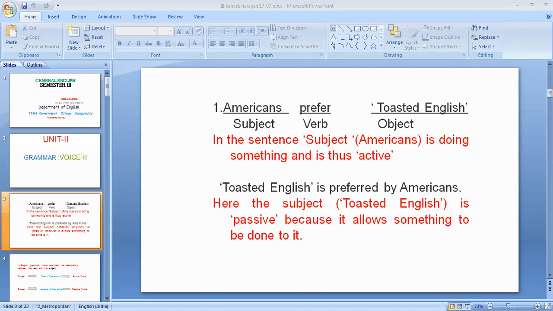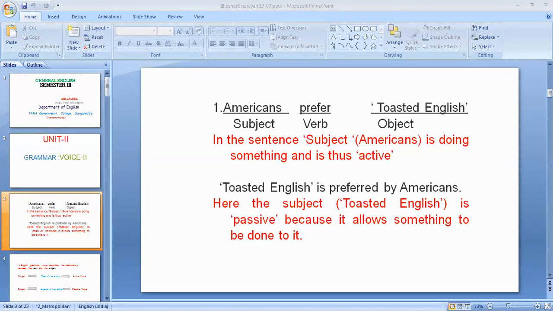In the previous presentation, we majorly focused on active voice, the occasions that we use active voice, and grammatically what are the rules that constitute active voice. These things were completed in our previous presentation. So in today's presentation, we try to focus on passive voice.